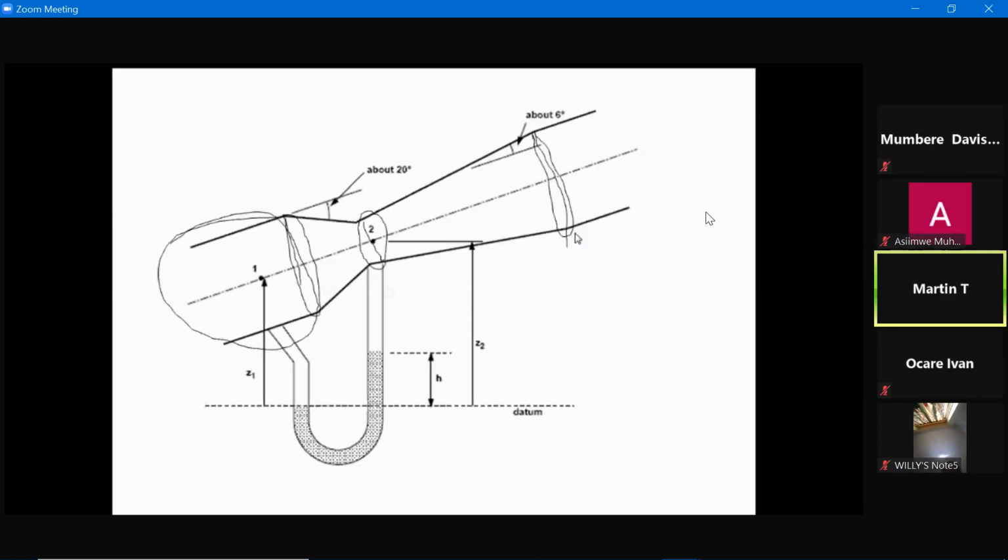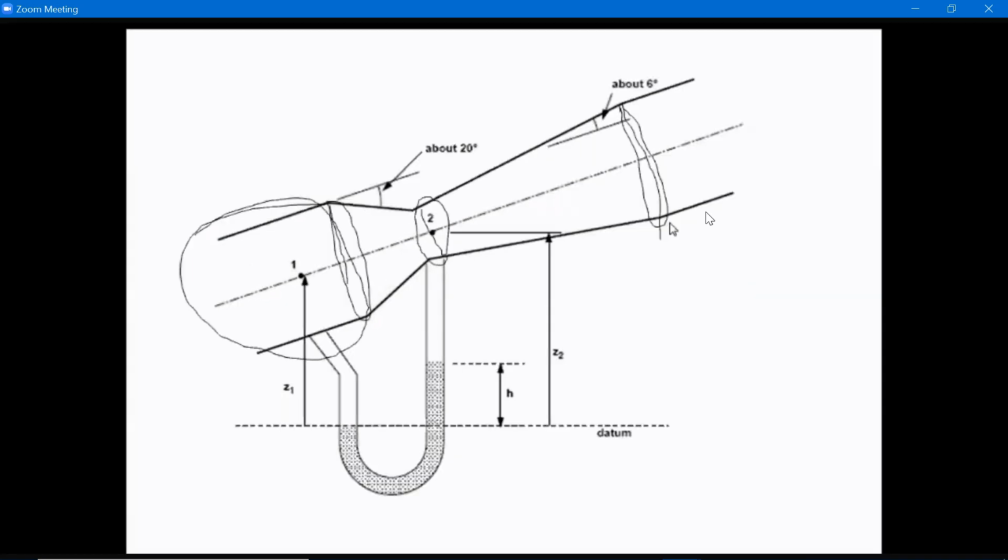The manufacturer can tell you, and it can even be determined experimentally. Each venturimeter's coefficient of discharge would be known depending on its geometry. So you don't just assume. It is known. It's given.